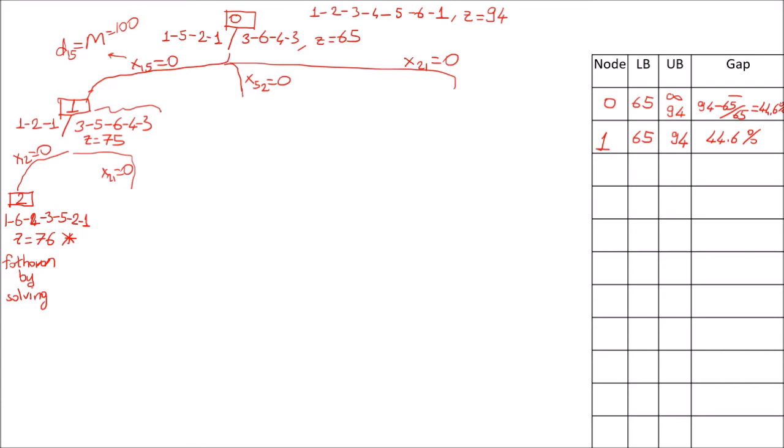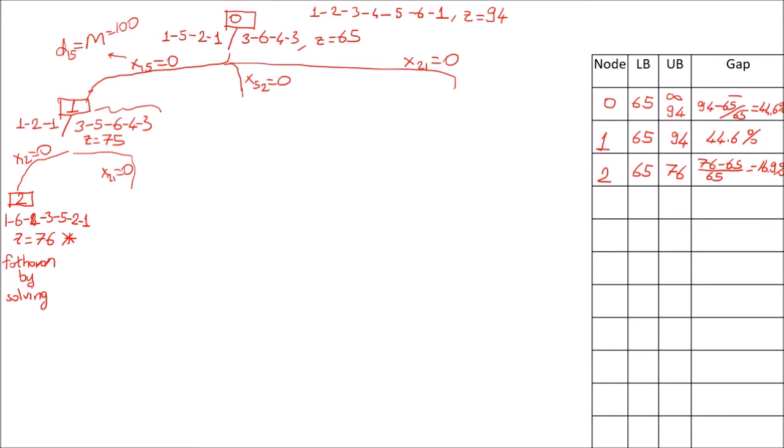Okay, so in node 2, the lower bound is still the same, but the upper bound is updated to 76, and the gap value is 76 minus 65 divided by 65 multiplied by 100, and we obtain 16.9%. Okay, so this is the gap value at node 2.